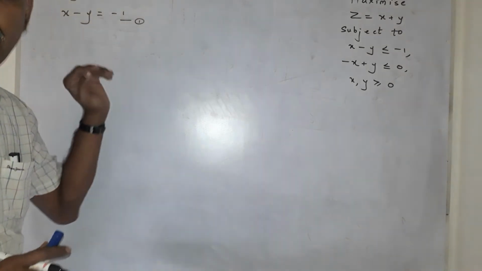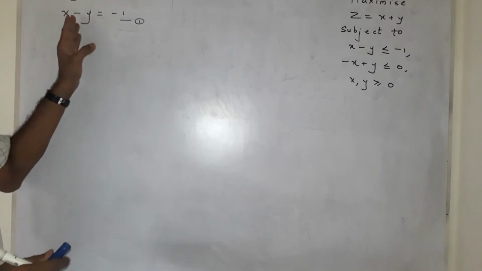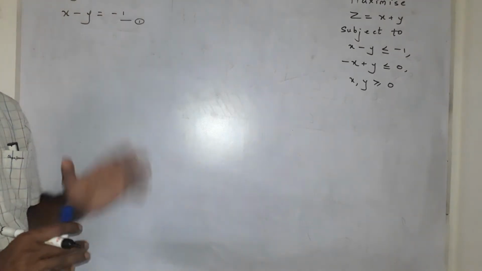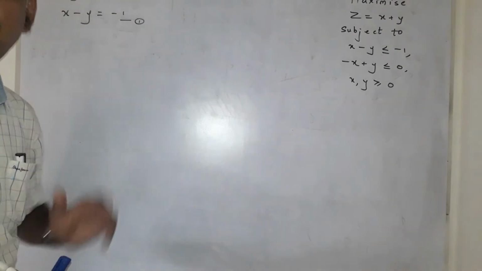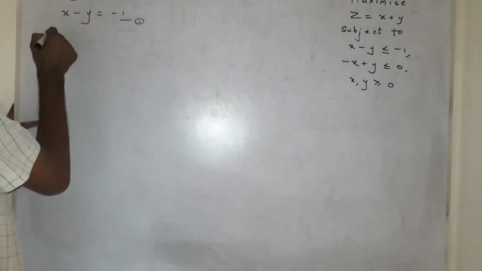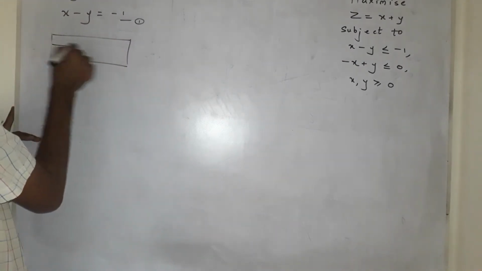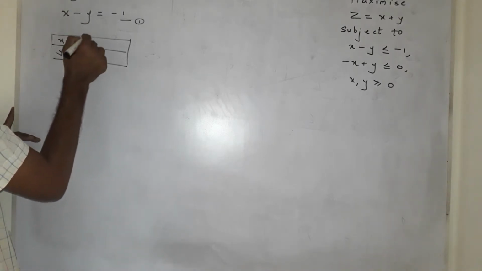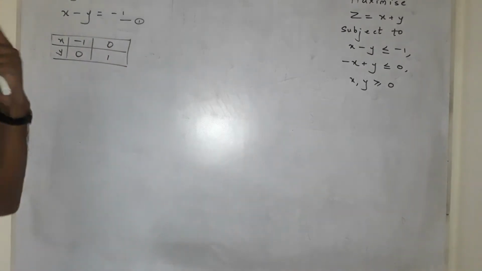So the x-intercept is minus 1. If you put x equal to 0, it is minus y is equal to minus 1. So y is equal to 1. So here the x-intercept is minus 1 and the y-intercept is 1. So when y is 0, x is minus 1, and when x is 0, y is 1.